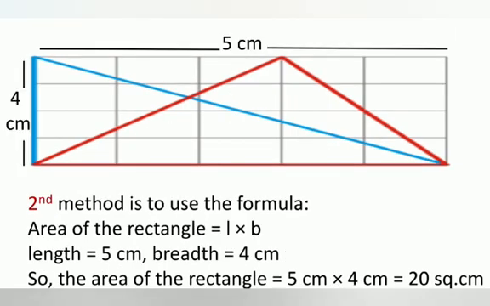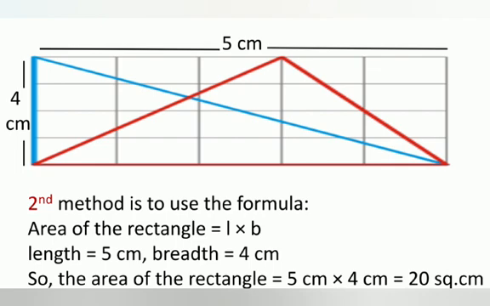The second method to find the area of a rectangle is to use the formula. The formula to find the area of a rectangle is L into B, where L is the length of the rectangle and B is the breadth of the rectangle.